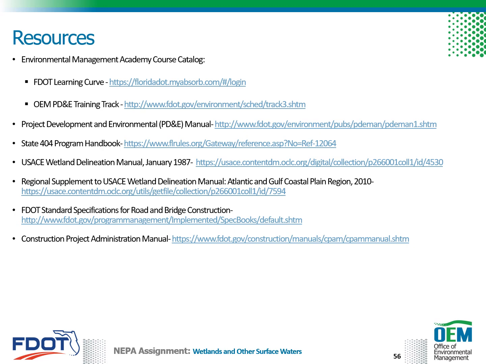Other resources include FDOT's Project Development and Environmental, or PD&E Manual, State 404 Program Handbook, the Corps' 1987 Wetland Delineation Manual, and the Corps' 2010 Regional Supplement to the Corps of Engineers Wetland Delineation Manual, Atlantic and Gulf Coast Plain Region, FDOT's standard specifications for road and bridge construction, and Section 12.1 of the Construction Project Administration Manual.